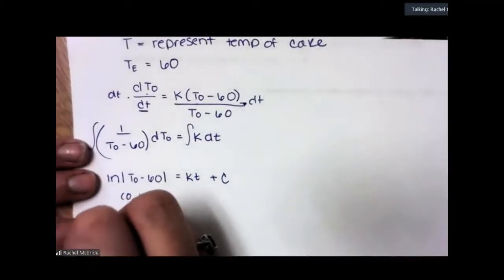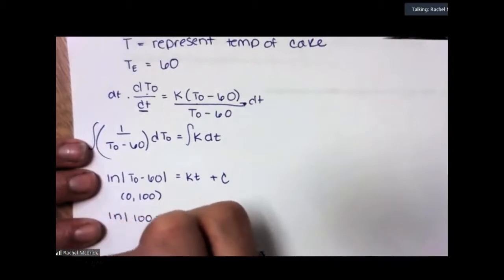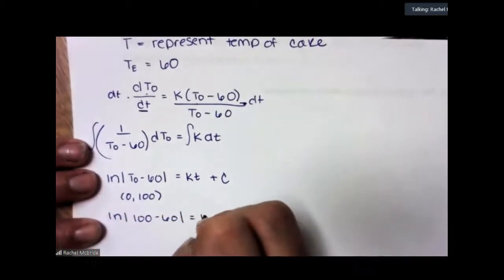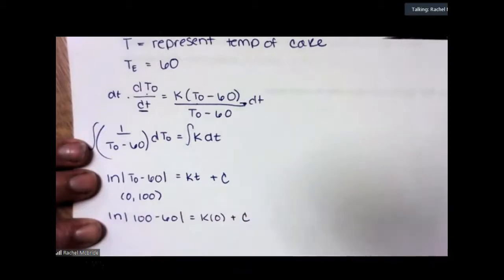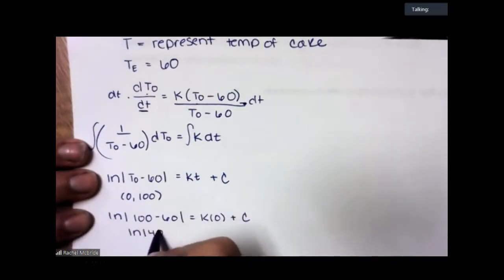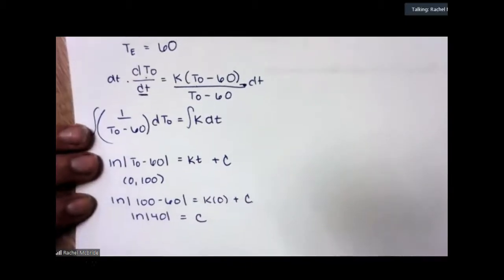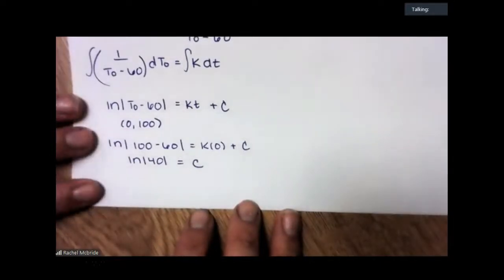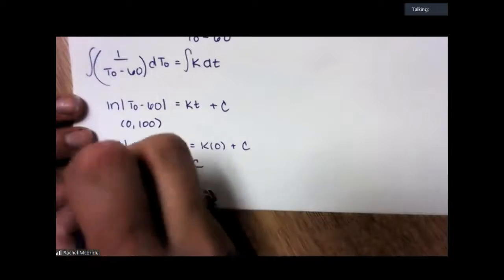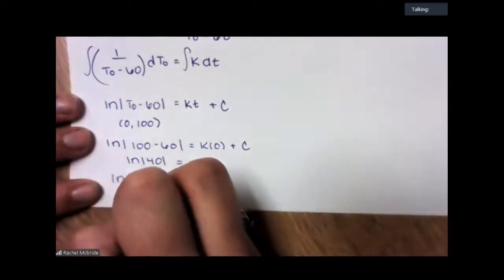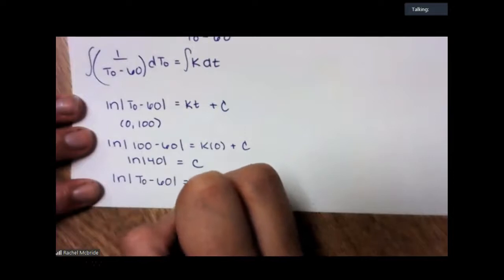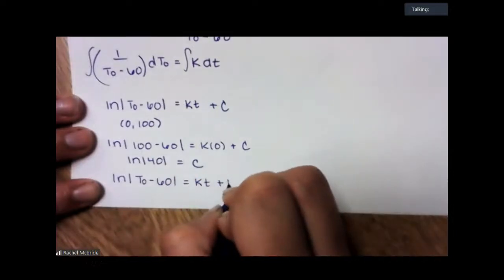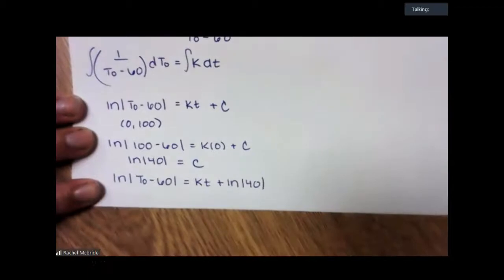So you'd have the natural log of 100 minus 60 equals k times 0 plus C. And our constant of integration is natural log of 40. And we can use that idea to find k.